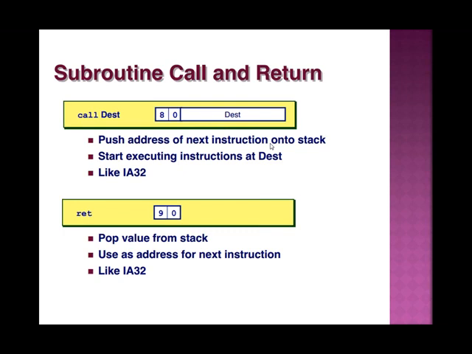The next part says start executing the instructions at the destination. First push the address, then start executing the instructions at the destination, like IA32. At every point it is said like IA32 because Y86 is more similar to IA32.